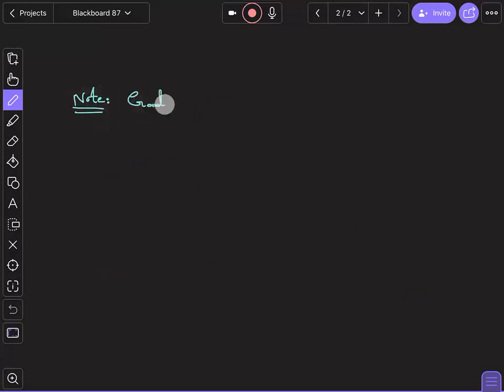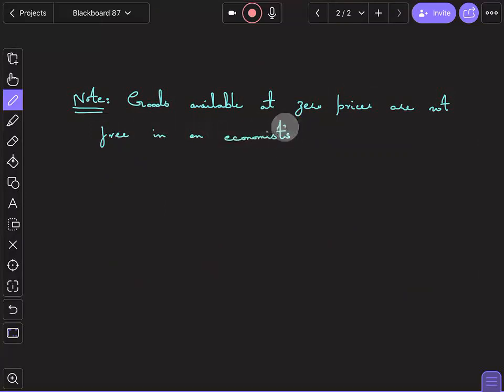Goods available at zero price are not free in an economist's sense, if resources have been utilized or have been used to produce them.